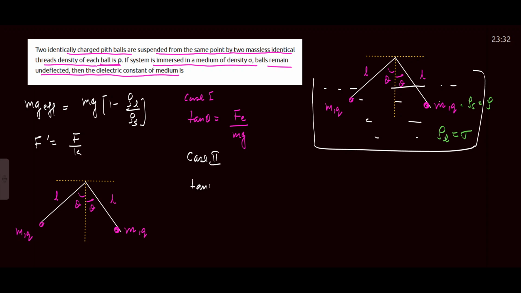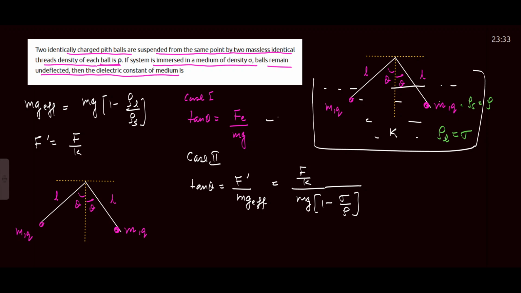So tan theta is equal to F prime, because a medium is there with dielectric constant K, upon mg effective that we already wrote. F prime is F by K, and mg effective is mg bracket 1 minus density of liquid, sigma, upon rho. This is the picture you have to learn.